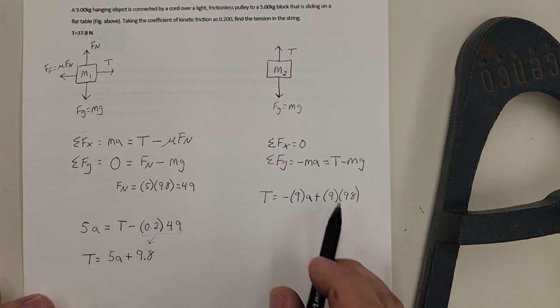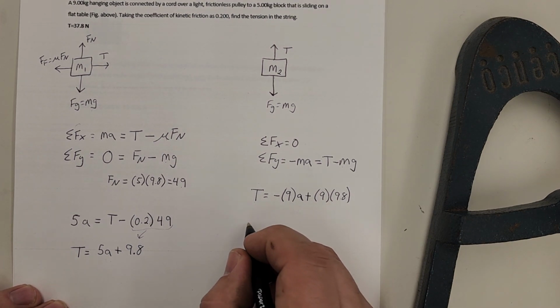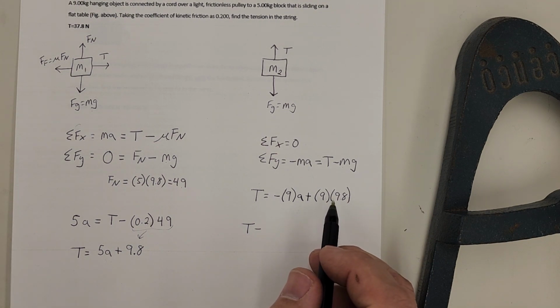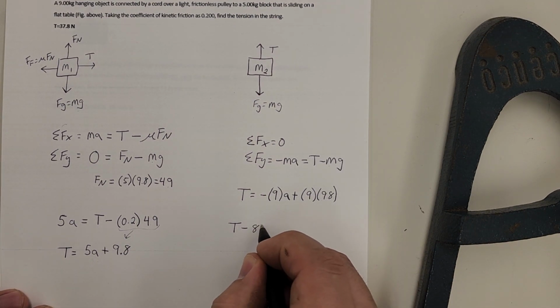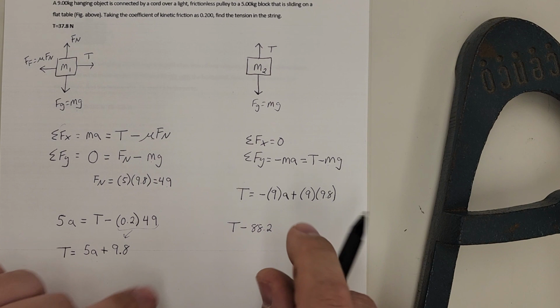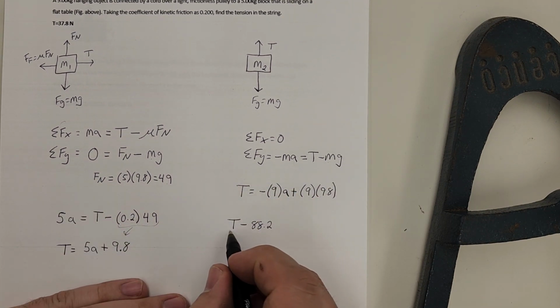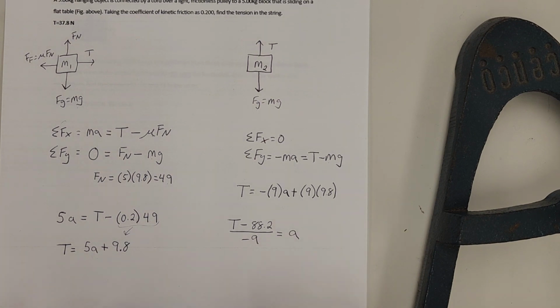I'm going to rearrange this equation. I'll have t minus, and what is 9 times 9.8? It's 88.2. So I'm going to have t minus 88.2. If I move that to the other side, that's equal to a negative 9a. So if I divide by a negative 9, this will tell me what a is.